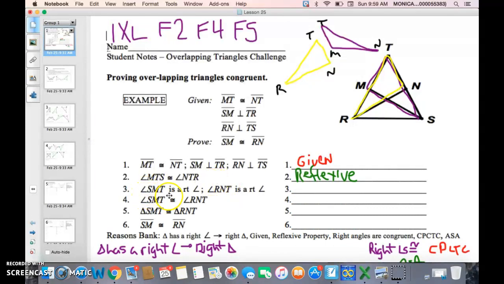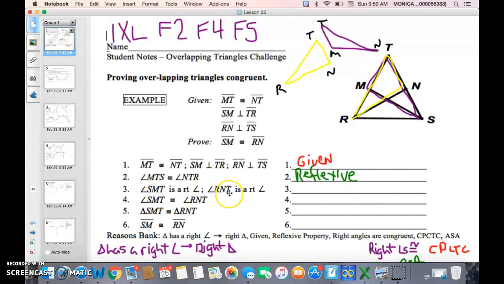All right, SMT is a right angle and RNT is a right angle. Well, that plays into this situation right here, and it's the definition of perpendicular.